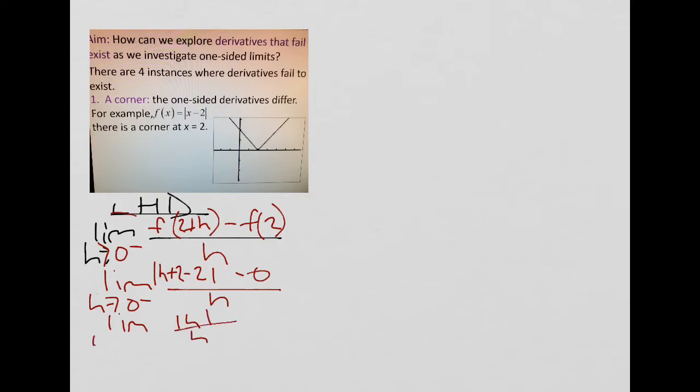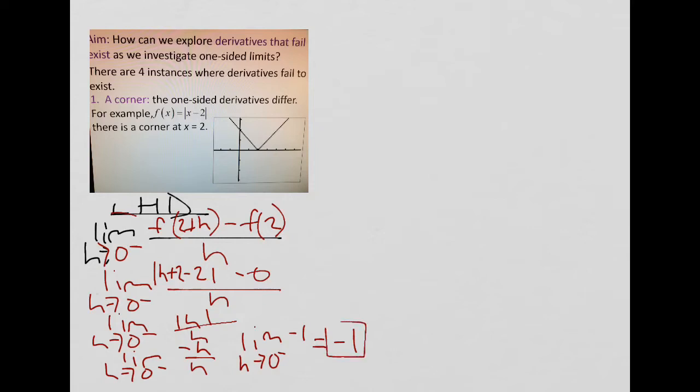Well, we have 2 scenarios. So from the left side, that means that we have negative h over h, and that becomes negative 1. My limit writing is a little sloppy here. So we end up with this as our left-hand derivative.